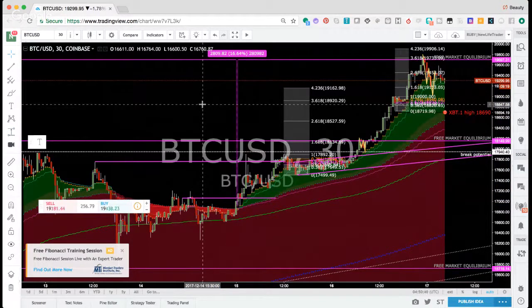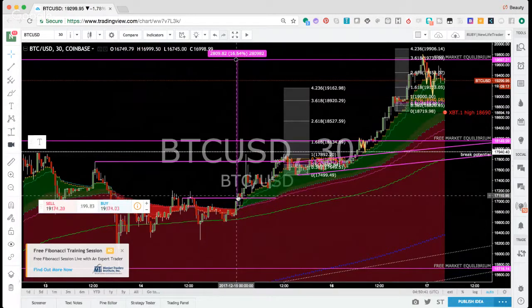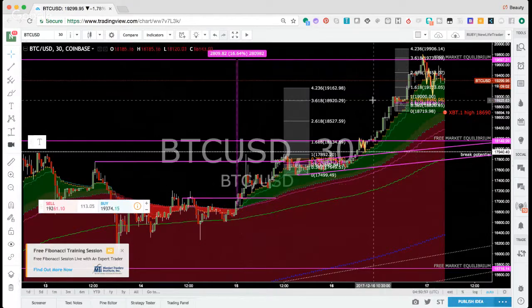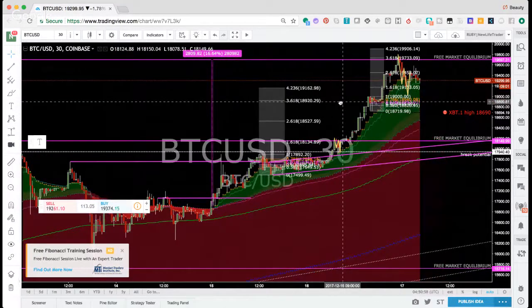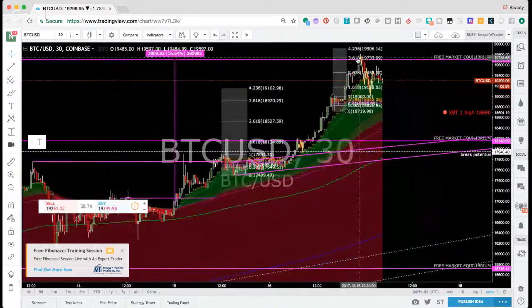But if you had taken the cross, which occurred at 0000 hours on the 15th, a day ago, you would have earned 16.64% on the free market. And you're going to notice there's a little yellow hash line up here. That is when we did a rebalance.